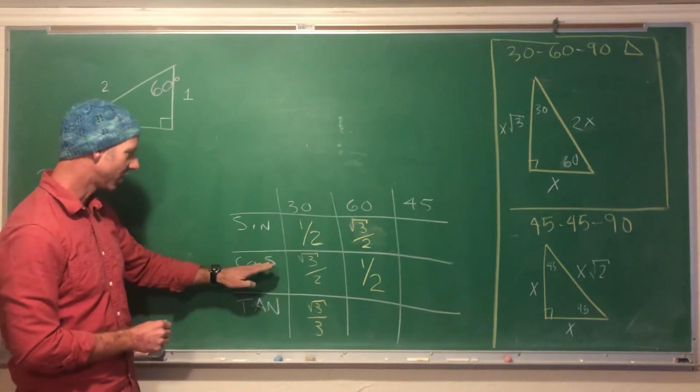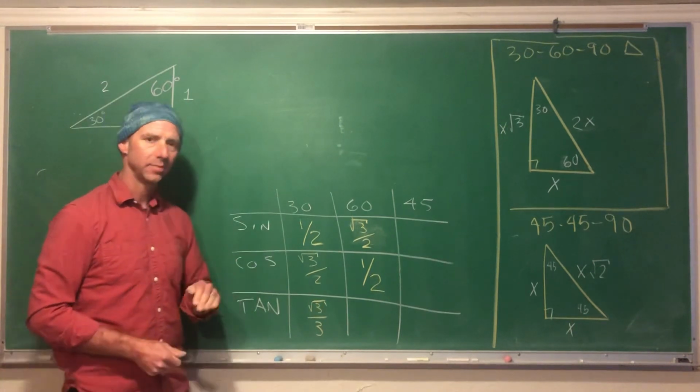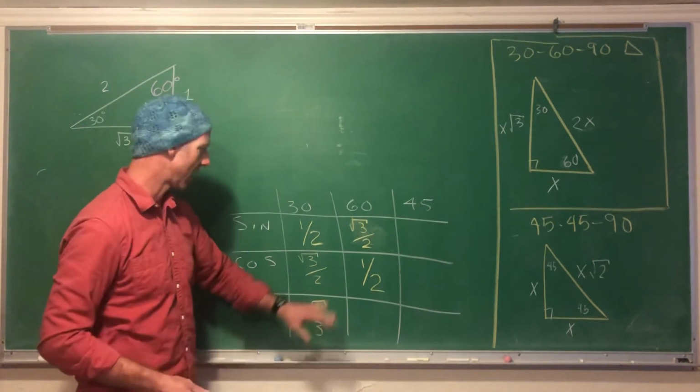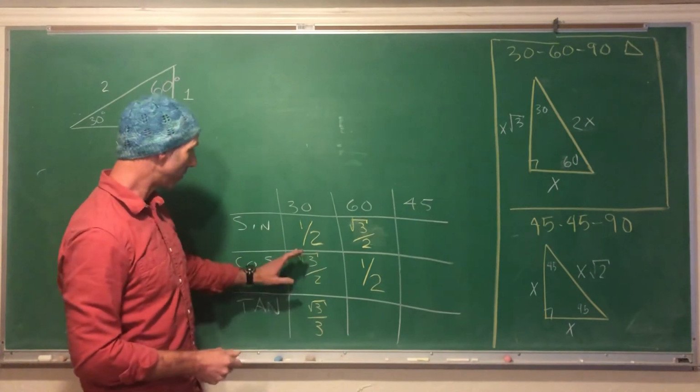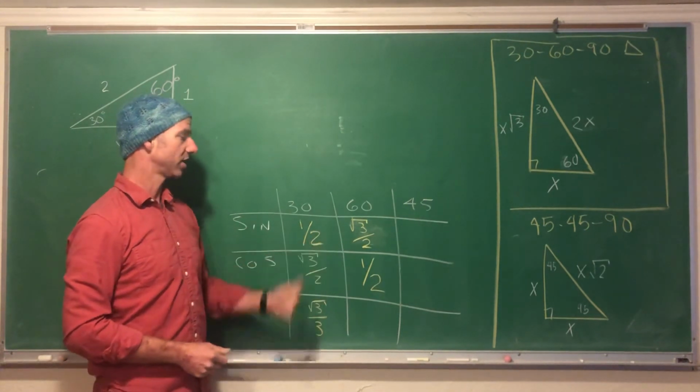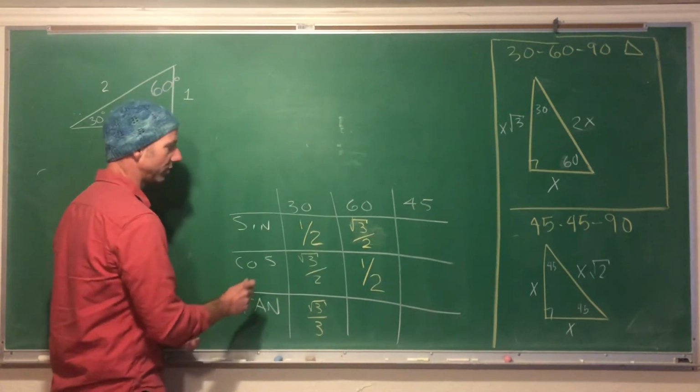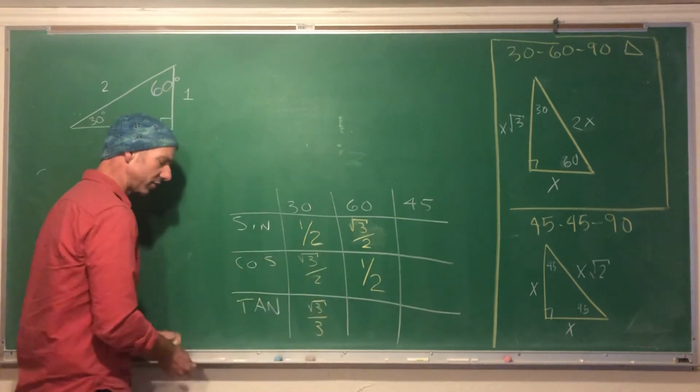Cosine is called the complement of sine. That means they add to 90. And so there's some actual math we can do in here to show you that. But the sine and cosines are opposite with the complementary angle. So you can see that relationship.